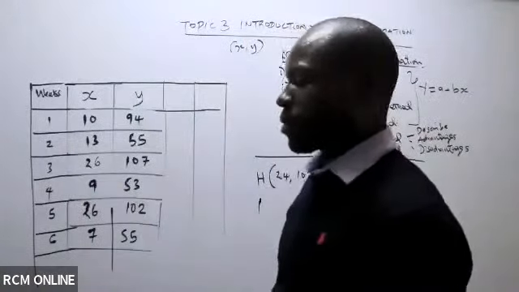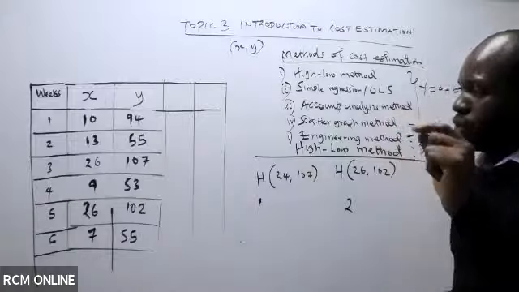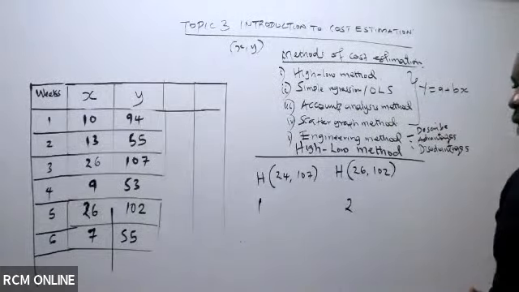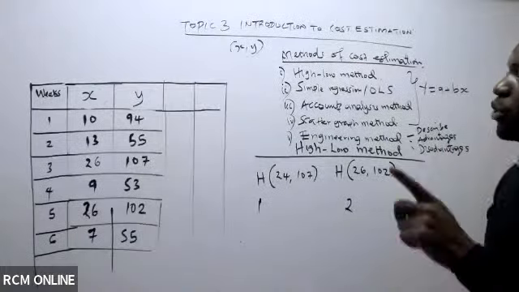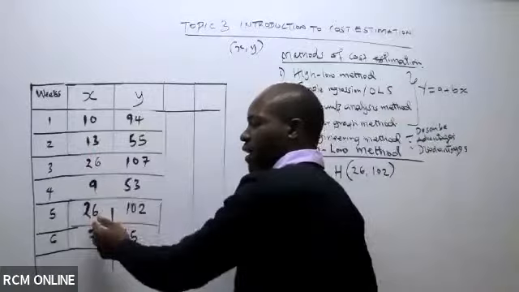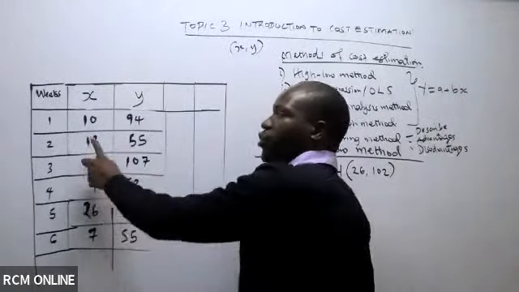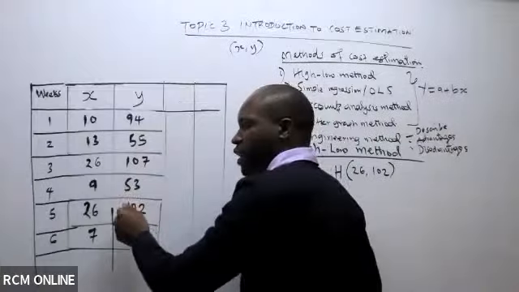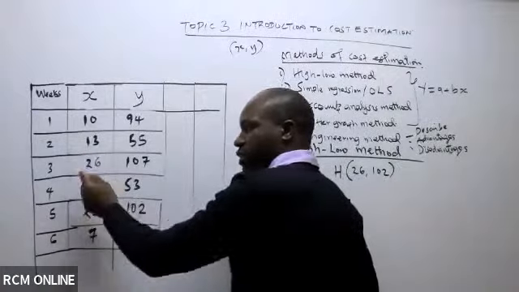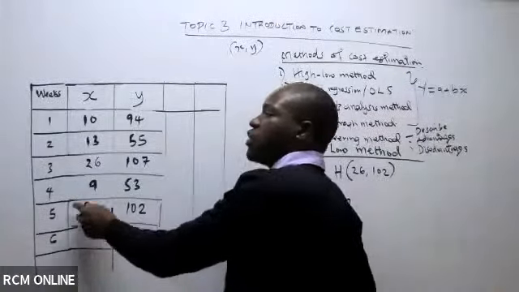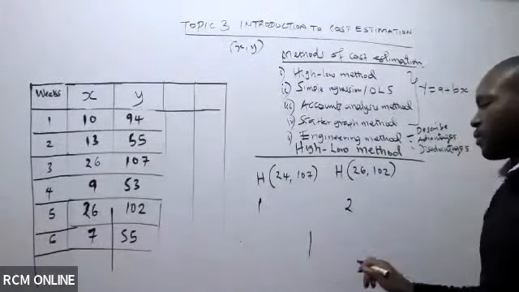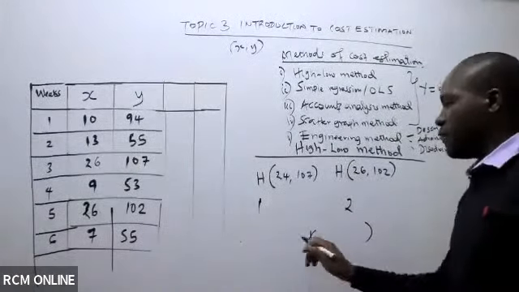Still, we are not going to divert our focus from column X. This time round, because column X has two highest figures that are similar, we now go to column Y and look at the highest figure between the one corresponding to the first 26 and the second 26. So if this was the case, what will be our coordinates here, somebody? What will be our coordinates if this was the case?